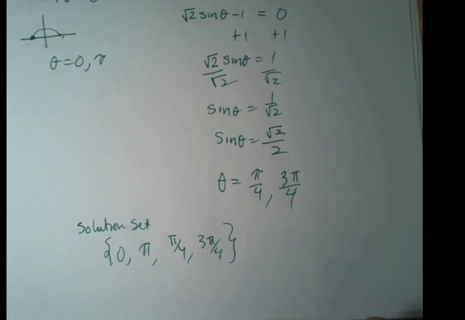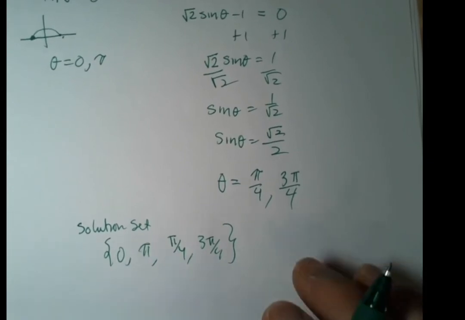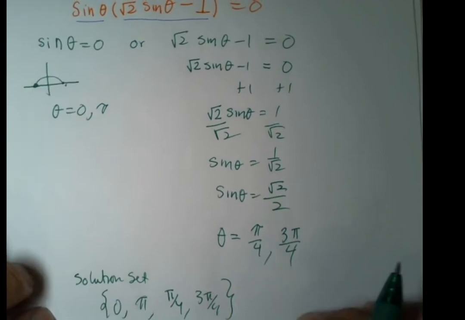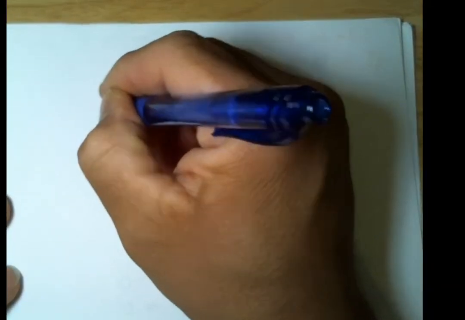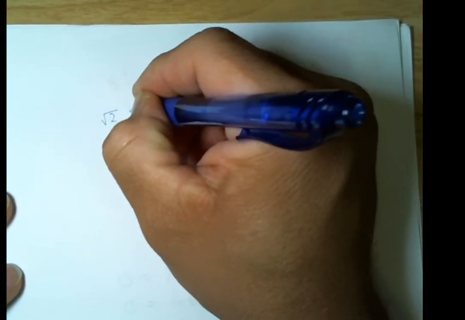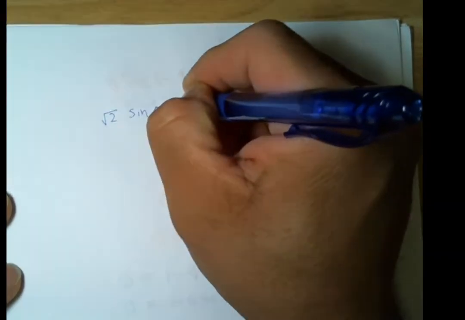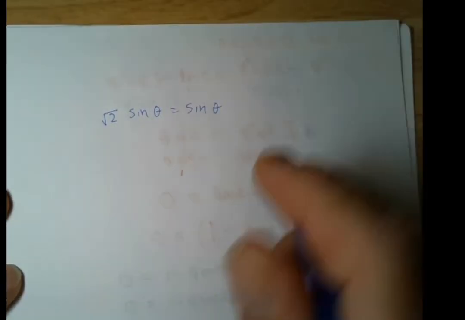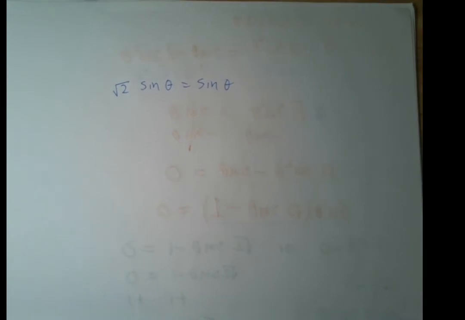All right, let me reiterate one thing I mentioned earlier in solving this problem. I made a big deal out of not dividing by sine of theta. I see this pretty often. It's a very common mistake.